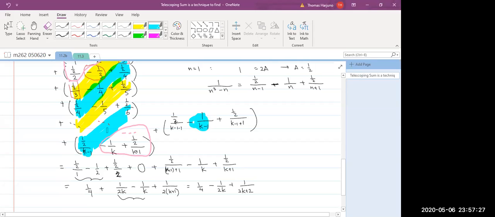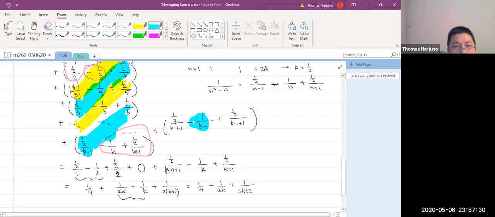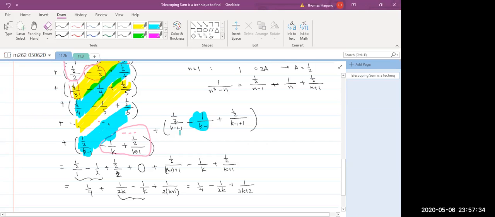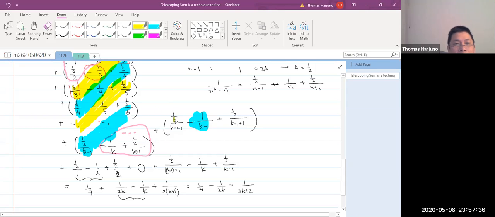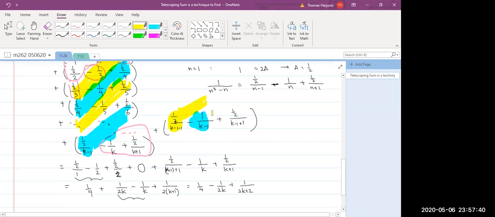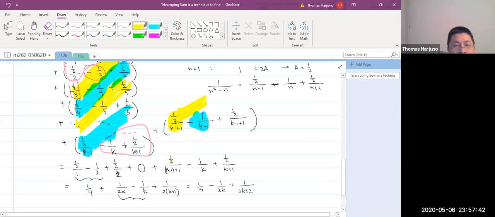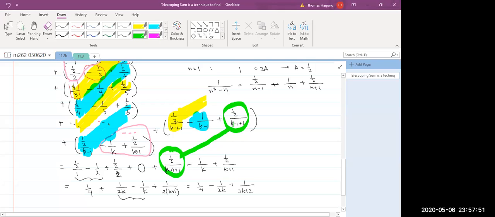When I go this way, the middle term right before that is this one, right? Now this guy here is canceled by the one before that. Okay, so the one I wrote down here is actually this guy. That's what I wrote there. Oh, okay.